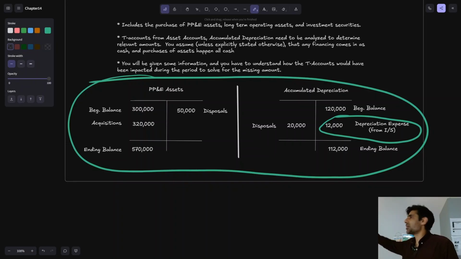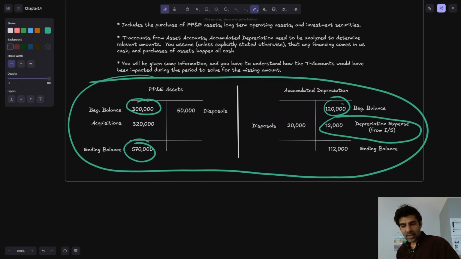So when you're doing that part of the statement of cash flow, the investing section, I would say open this up. Make sure you're clear about whatever all the pieces are. You're going to have to use the balance sheet. The balance sheet is going to give you this, this, and this. It's going to have end of the year, beginning of the year, so it gives you the balances.